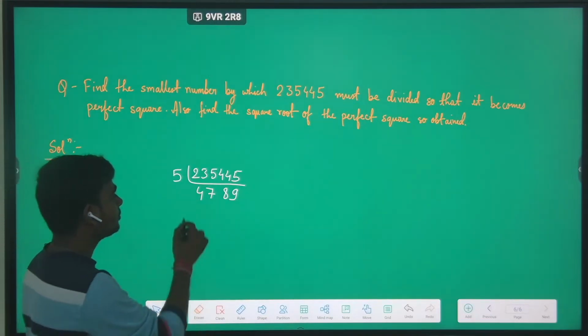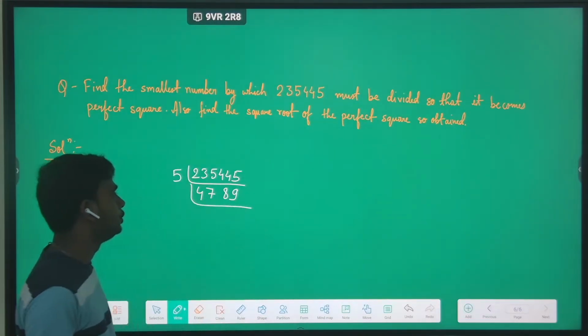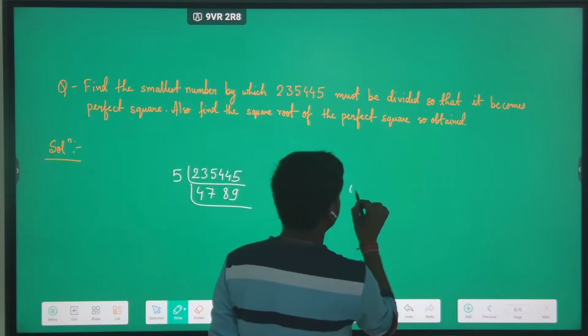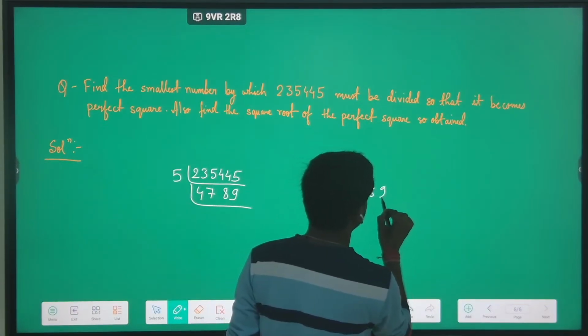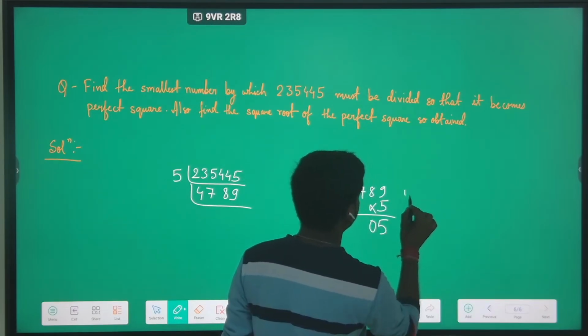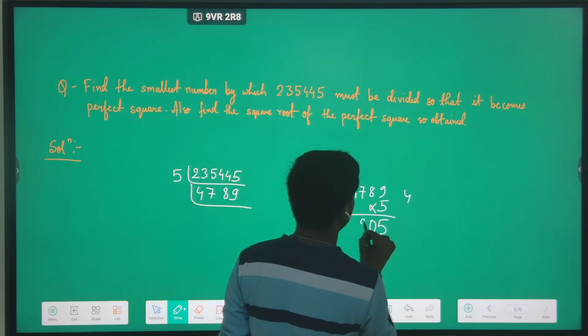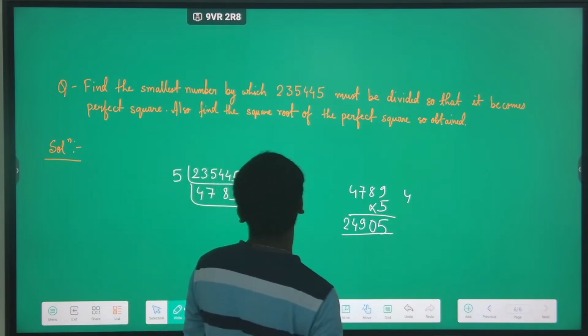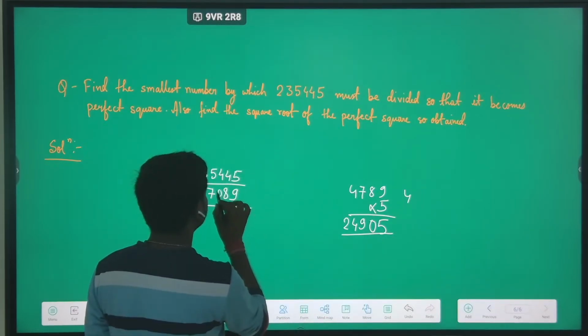Let us see 47089 into 5 is what? 9 5s are 45, 8 5s are 40, 7 5s are 35, 4 5s are 20.